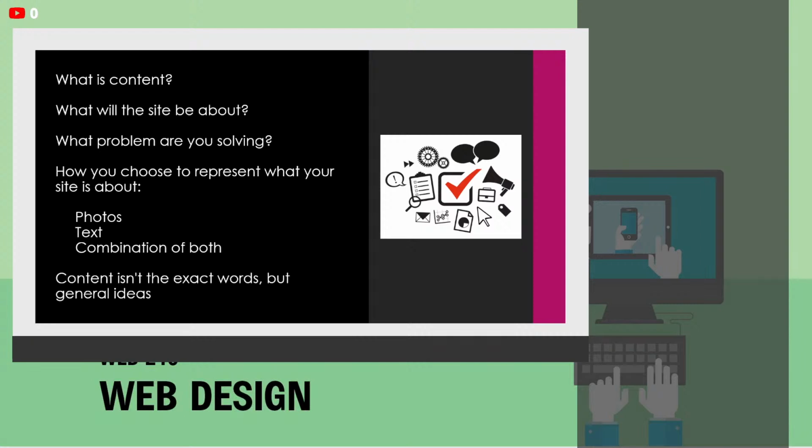When we're looking at this, we first have to start out by asking ourselves, what exactly is content? We've talked about different things related to content up until this point. Like we talked about type a few weeks ago, and we said that type was the voice of the site, and that it was related to the content.